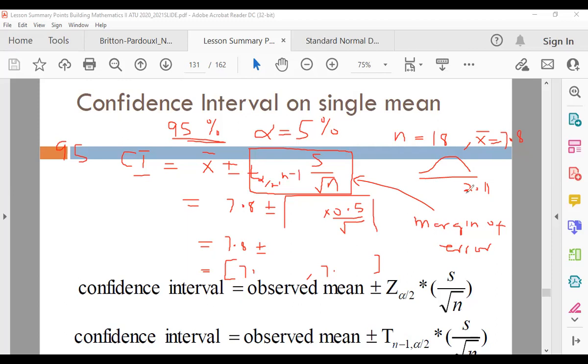When we read it, we had 2.11 times 0.5 over the square root of 18, because the sample size is 18. So you have to recalculate and give me the value for the margin of error. Calculate that section for the margin of error and give me the estimate.